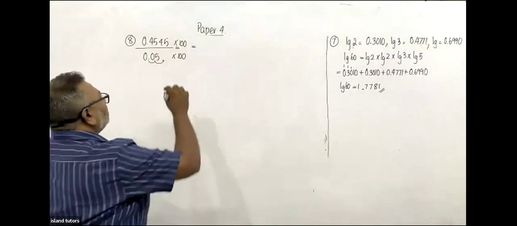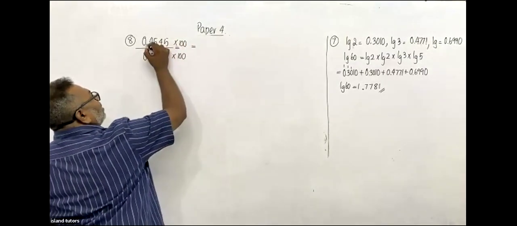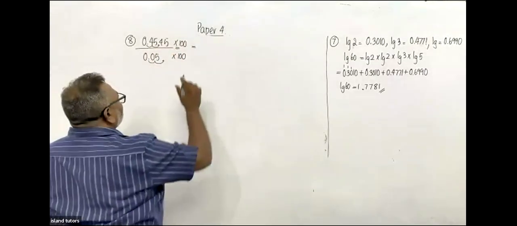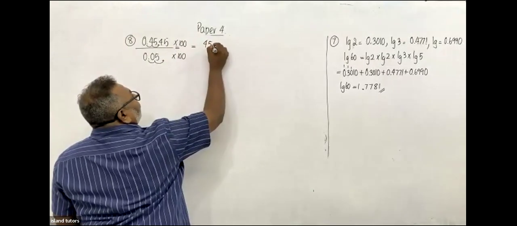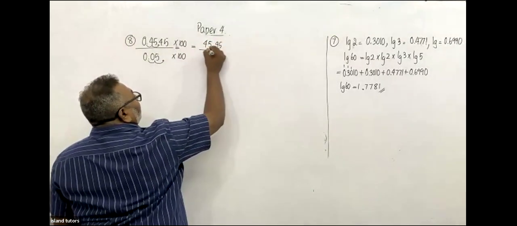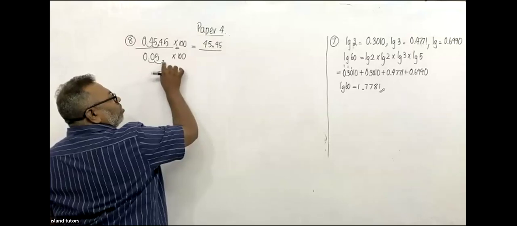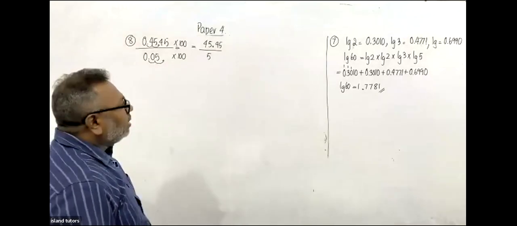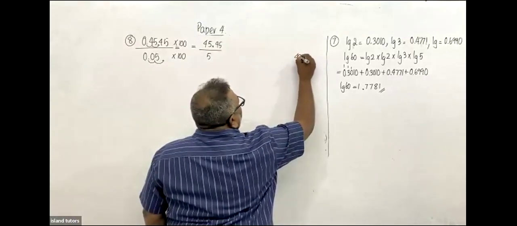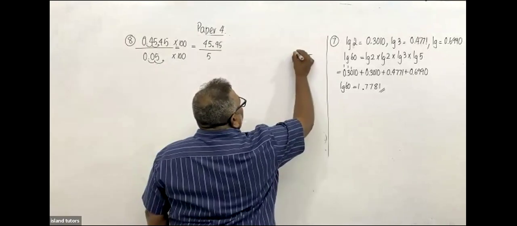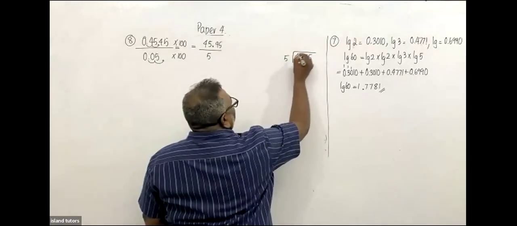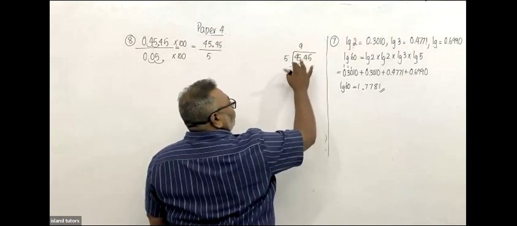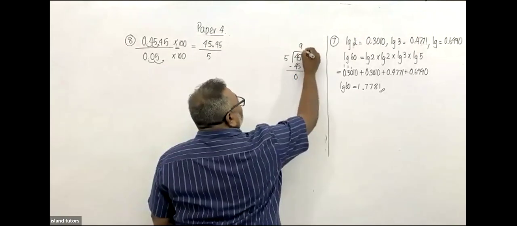Same value. What happens when you multiply by 100 here? The decimal point moves 2 places automatically to the right in the numerator. So you have 45.45 divided by, since you have moved it 2 places, this becomes a whole number. Right? Now you can divide it. 45.45 divided by 5. 45 divided by 5 is 9. 45 minus 45 is 0.